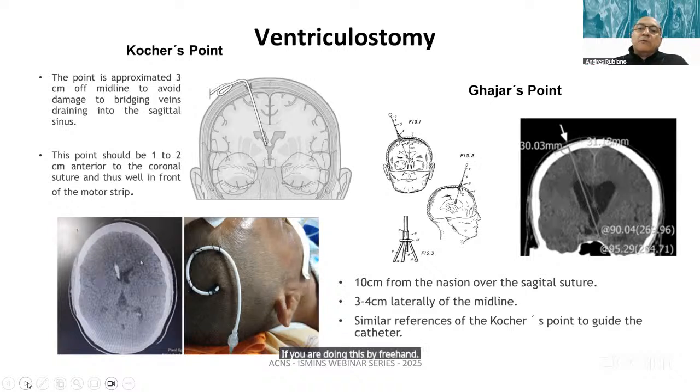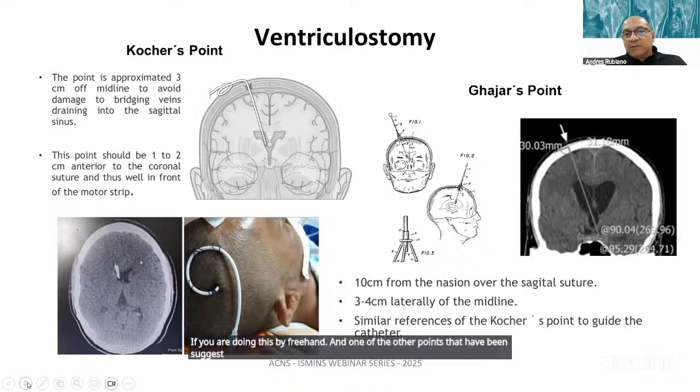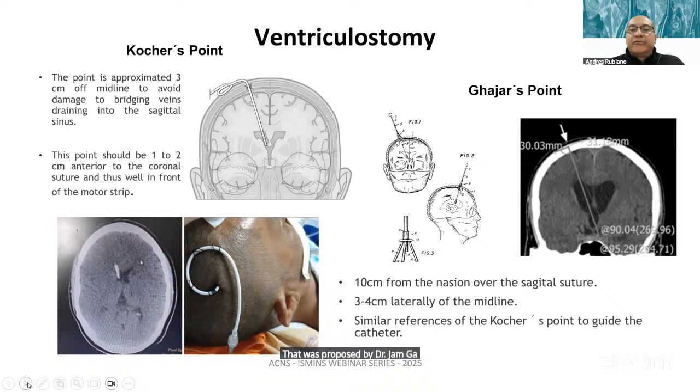And one of the other points that has been suggested and is more structured, more elaborated, is Gaillard's point, that was proposed by Dr. Jean Gaillard from the Brain Trauma Foundation when he developed the famous system for advancing the ventricular catheter.